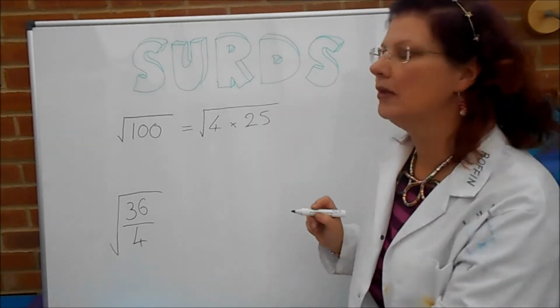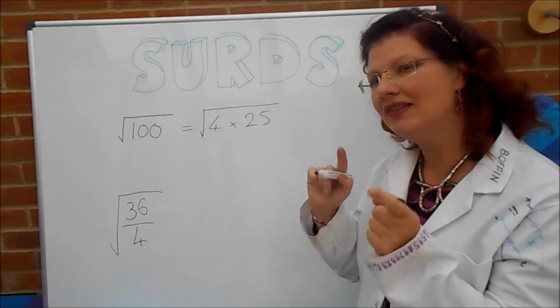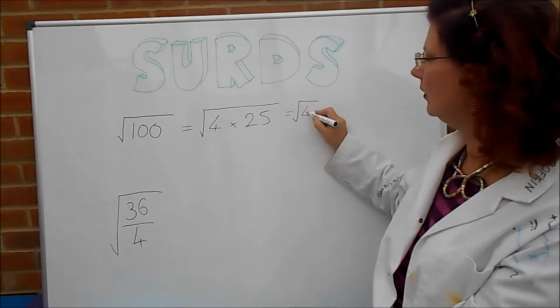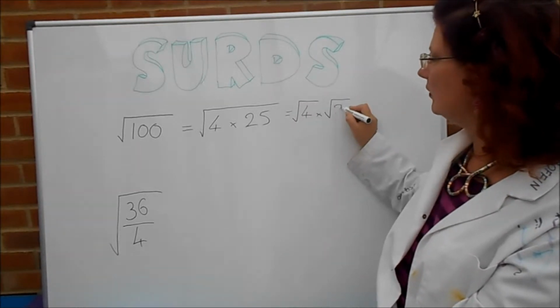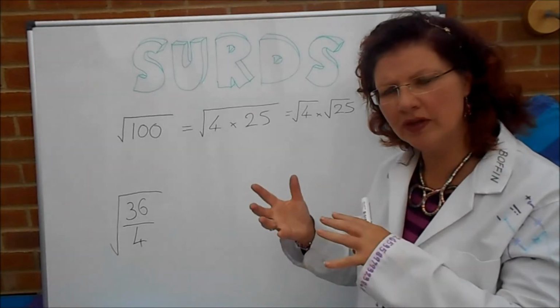And then here's the magic bit. The square root of 4 times 25 is the same thing as the square root of 4 times the square root of 25. If you think about it, it works the same as with powers.